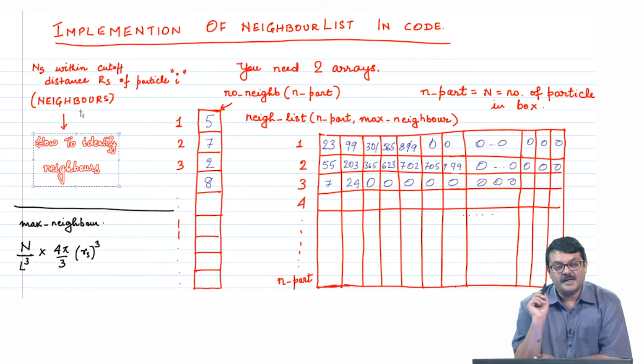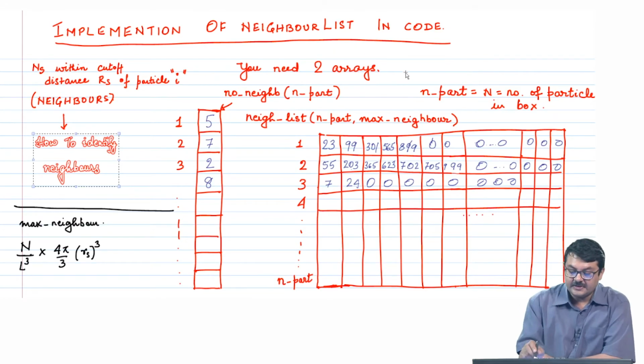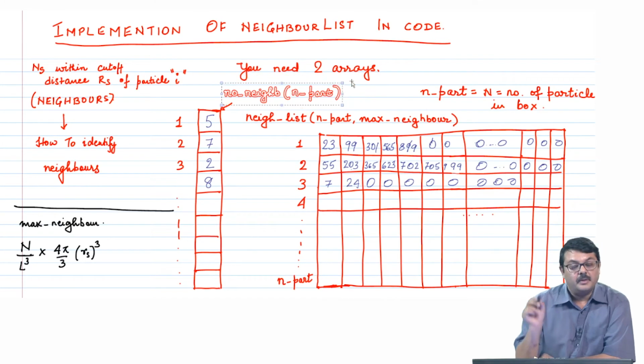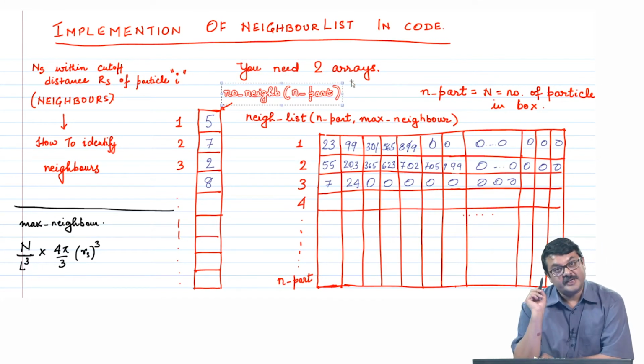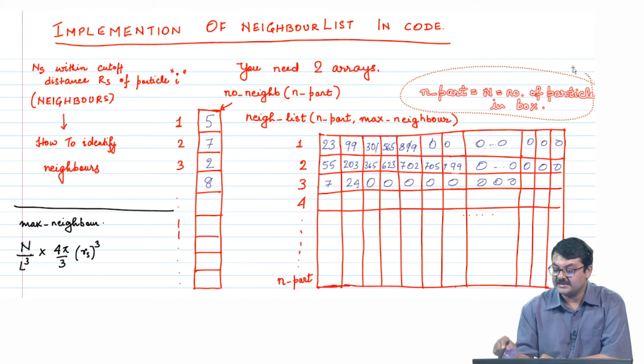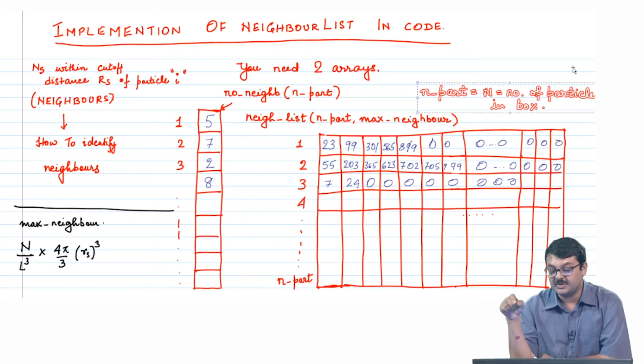Now, to make a neighbor list, you actually need two arrays. One array will store, for each particle I, where I runs from 1 to n part, so the length of this array will be n part. You initialize an array, suppose no neighbor, meaning number of neighbors, of length n part, where n part is essentially the number of particles in the box, which we call n when we discuss.